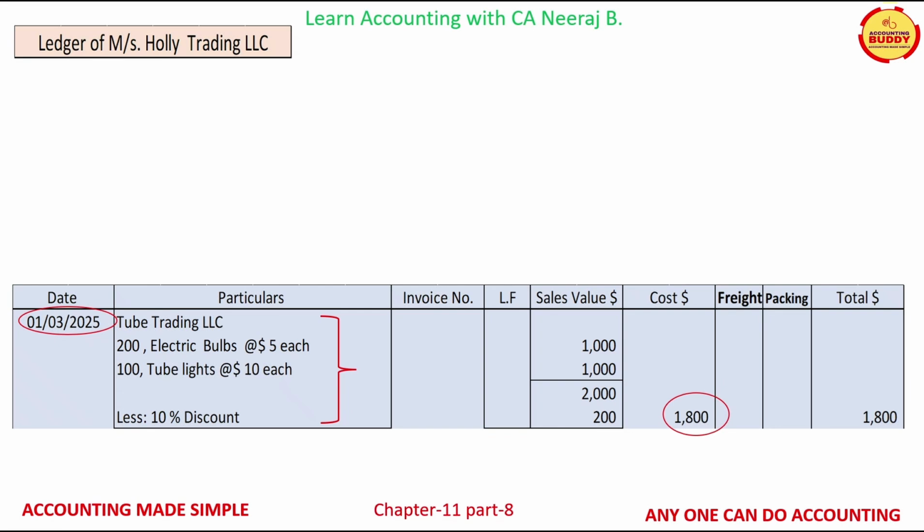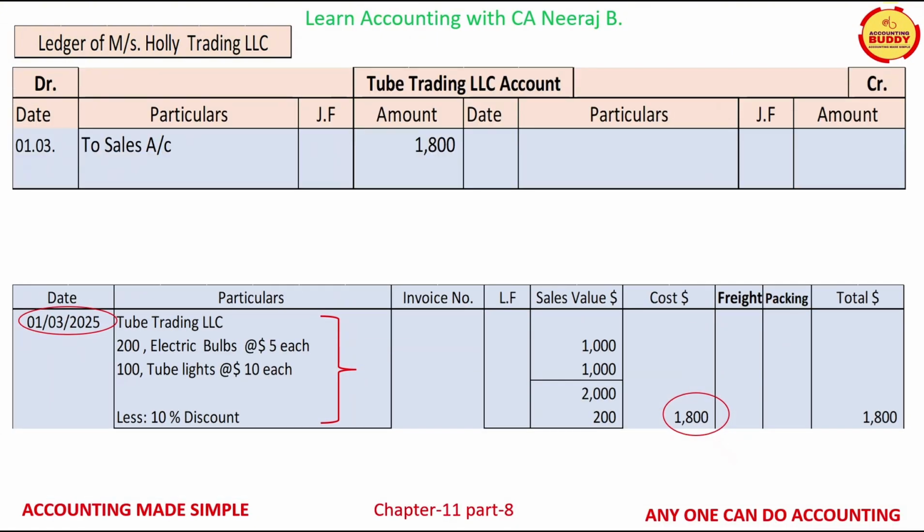This transaction will appear in the customer account of Tube Trading LLC as displayed on your screens. This transaction will be posted on 1st of March 25 on the debit side of the account of Tube Trading LLC for $1,800 by writing the words to sales account in the particulars column.